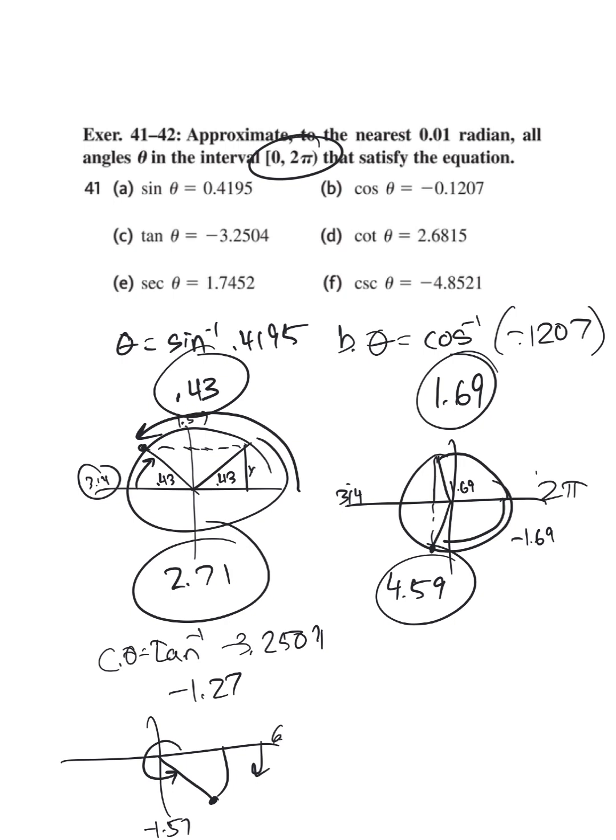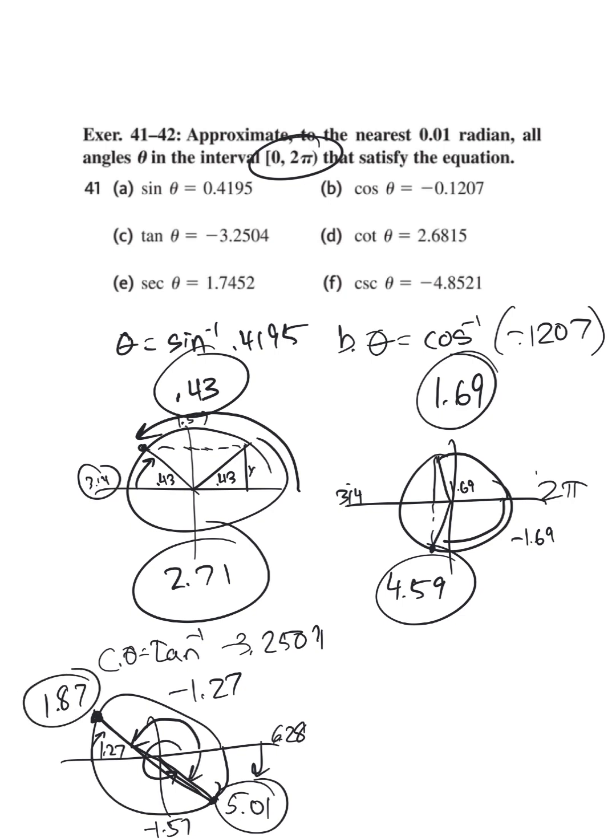You take 6.28 and subtract 1.27, and all the way around would be 5.01 on the positive side. But this is a tangent, so you also have a 180 degree position on the other side. Negative 1.27 was right here, so this is 1.27 this direction. So you take pi and subtract 1.27, and that gives you the positive part, which is 1.87.